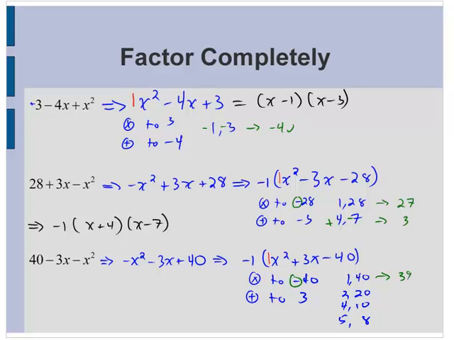Let's see, 39, 18, 6, and 3. That's the pair I want, the last one. And so then let's get the signs right. I need a positive 3 here, so I'll take a negative 5 and a positive 8. So then the completely factored form would be negative 1 by x minus 5 by x plus 8.